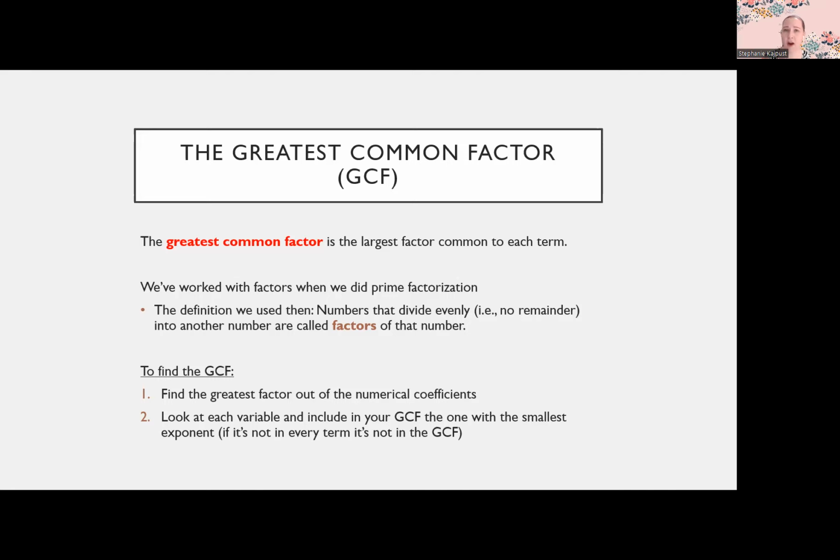Your greatest common factor is the one with the smallest exponent. If a variable is not in every term, then you can't factor it out, because it has to be in all of them. That's what common means. So you make sure you're just looking at the variables that are present in every single term you have. Then you look at the one with the smallest exponent on it, and that's the one that is the greatest common factor.